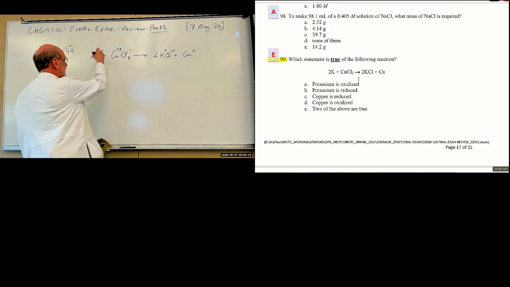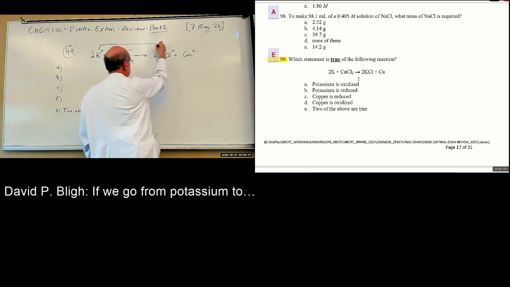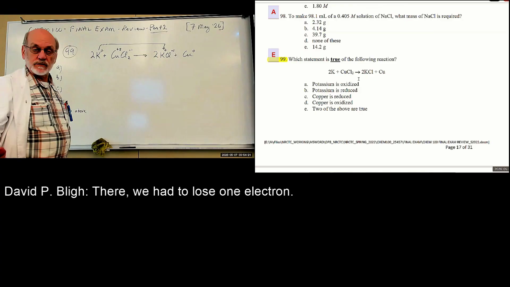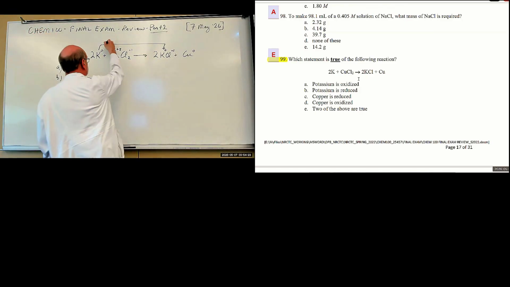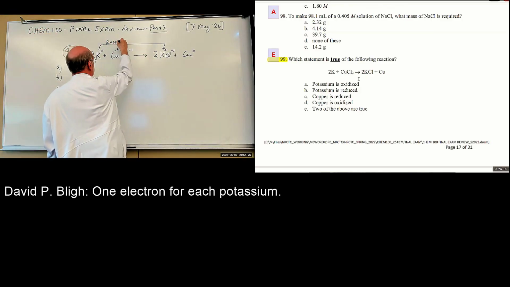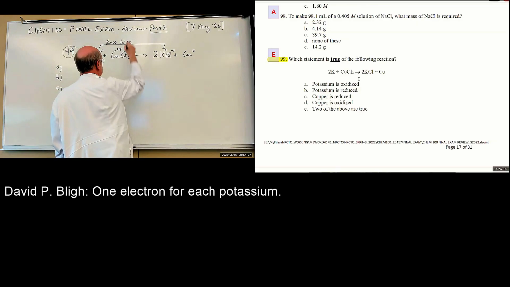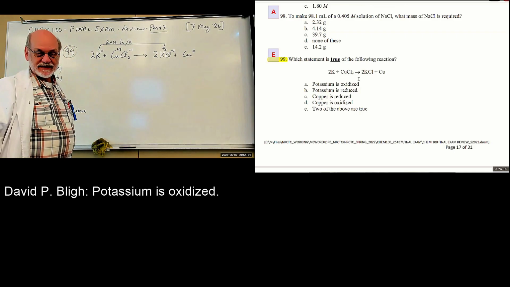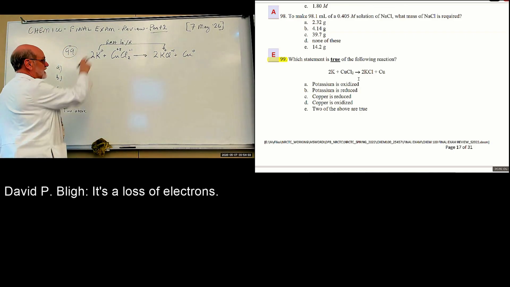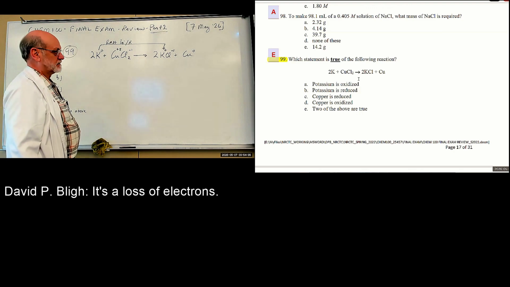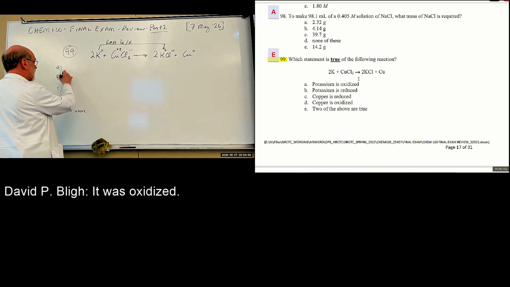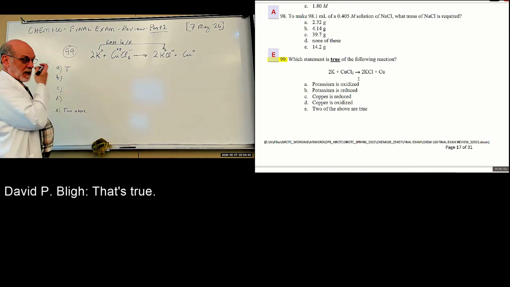If we go from potassium to there, we had to lose 1 electron, 1 electron for each potassium. Potassium is oxidized. It's a loss of electrons. Yes, it was oxidized. That's true.